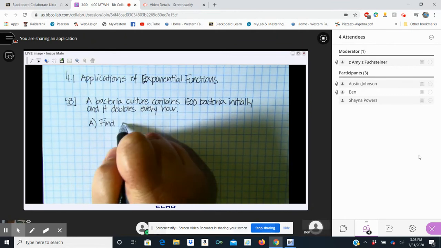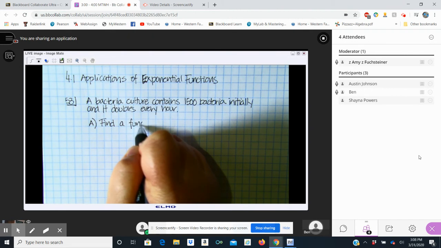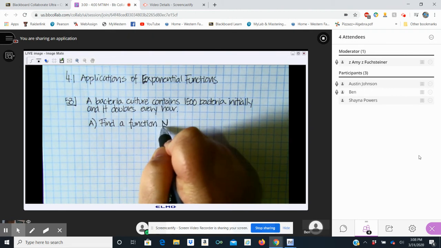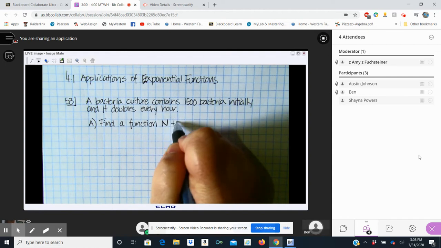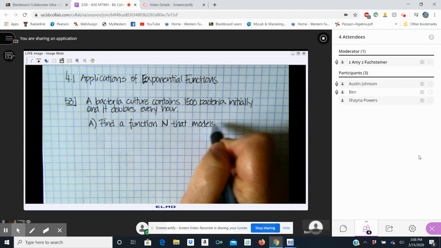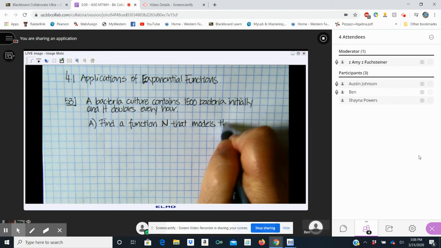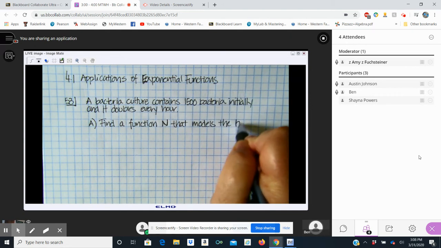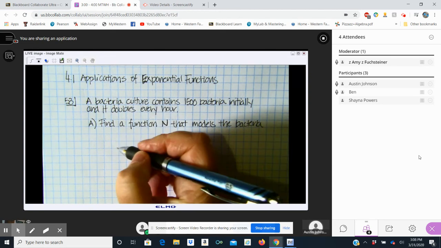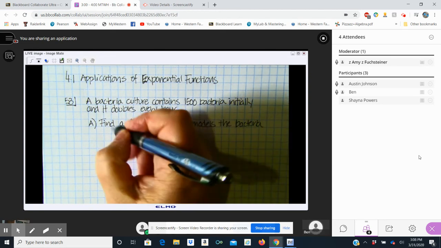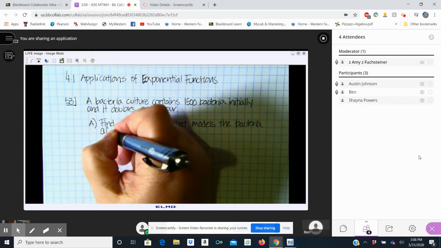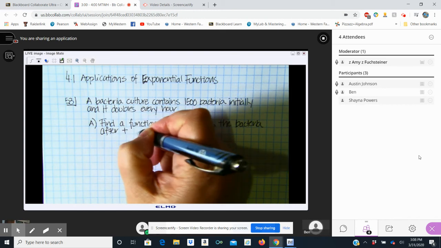Part A says to find a function, n, that models the bacteria after t hours.